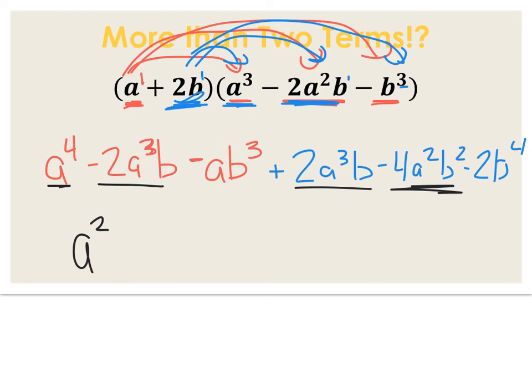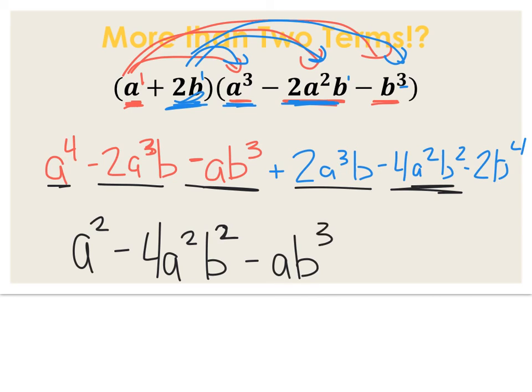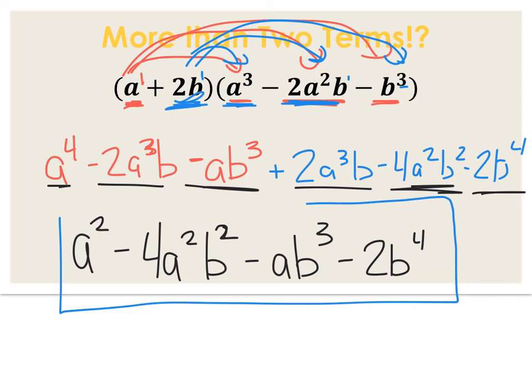I do, so I'm going to bring him down. There's nothing I can combine him with because nothing else is a squared. This is an a by itself, so I'm going to write him. And this guy doesn't have any a's, so he has to go at the end, because remember, we put them in order alphabetically and numerically.